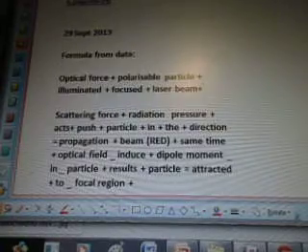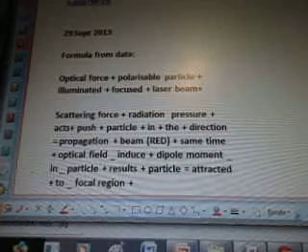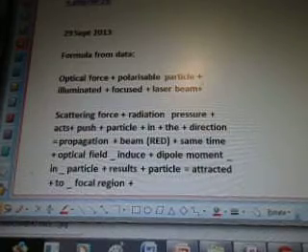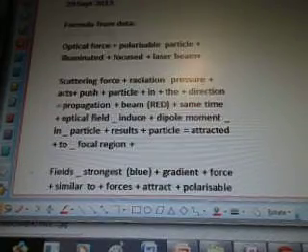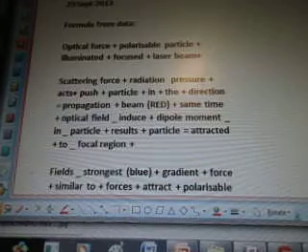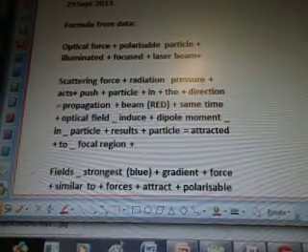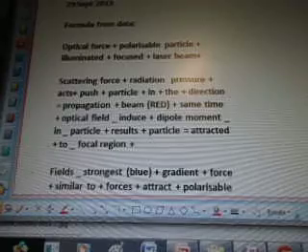September 29, 2013, formula from the data. Optical force, polarizable particle, illuminated focused laser beam. Scattering force, radiation pressure, acts to push particle in the direction of propagation. Beam, red.